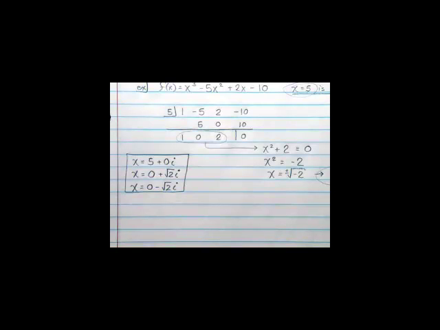So let's see if we can go the other direction with it, because that's kind of where I want to start before we get into doing more of this type of thing. If I give you some zeros that are complex numbers, can we build a function from that?